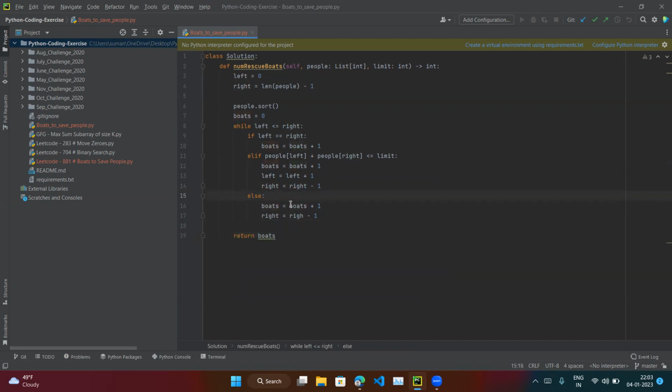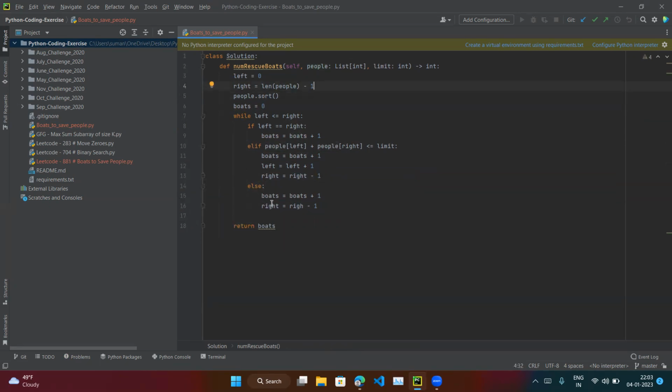Now we will optimize this code a little bit. You can see this boat condition is here, and here, and here. Whatever the condition, boats is also going to increase by 1.